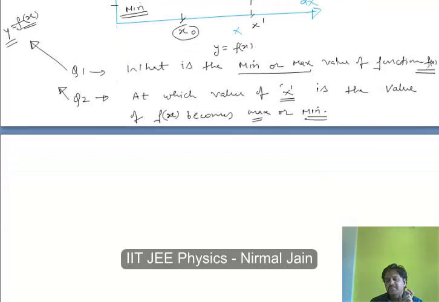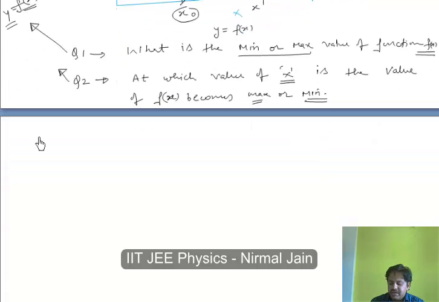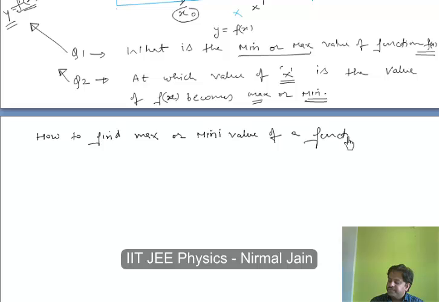So how to find maximum or minimum value of a function, right? We'll try to understand this with the help of an example.